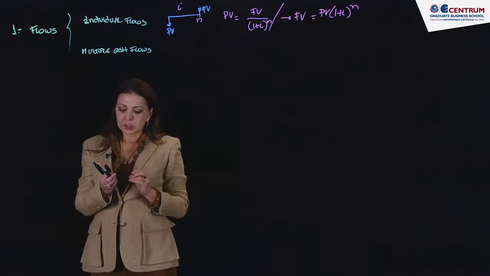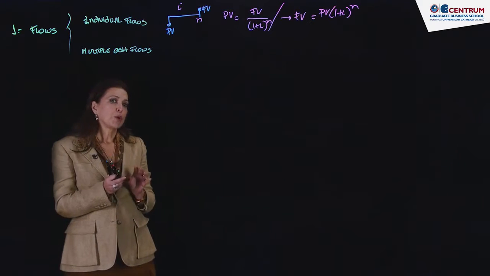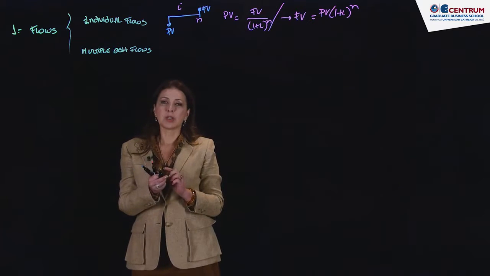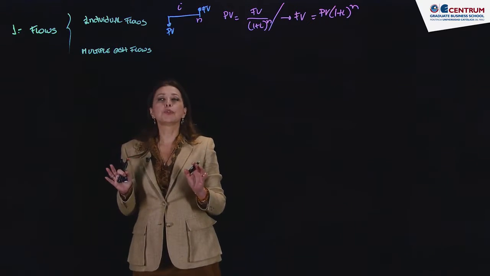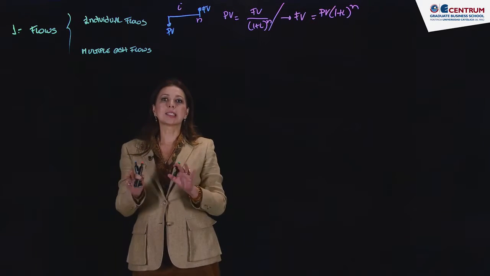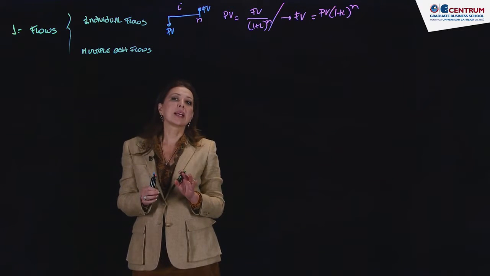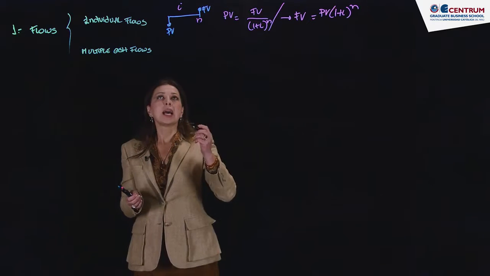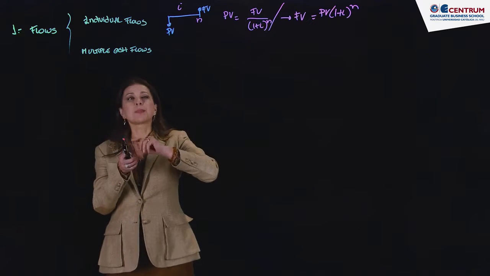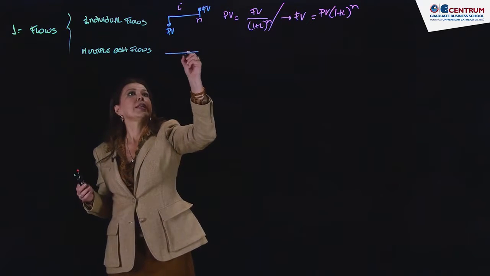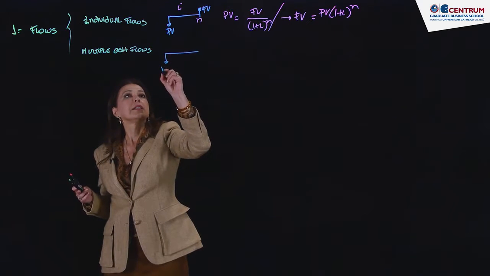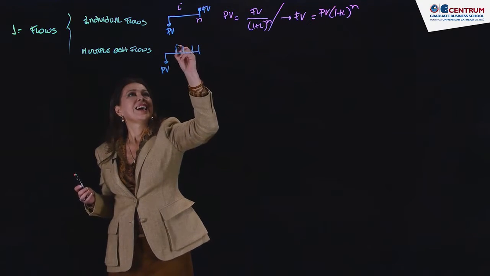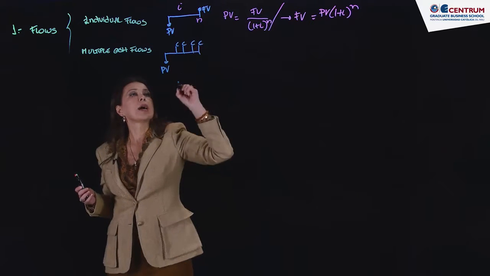When we refer to multiple cash flows, we have two kinds of flows. We can be referring to flows that have exactly the same amount. This case is known as annuities. We want to find the present value of a flow that has identical amounts.